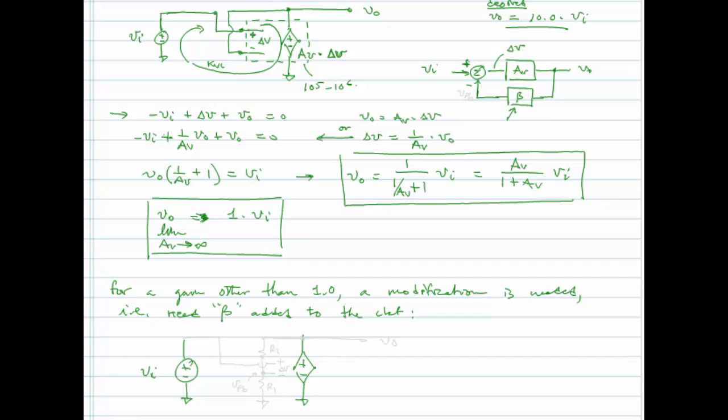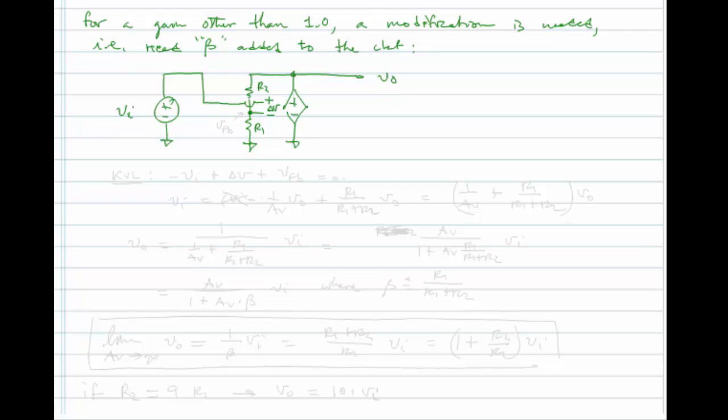So redraw this. Here's VO. And what I'm going to do is connect a voltage divider like this, R1, R2, and we'll do this. So this is delta V. Alright.